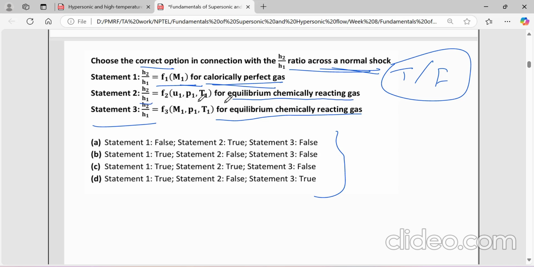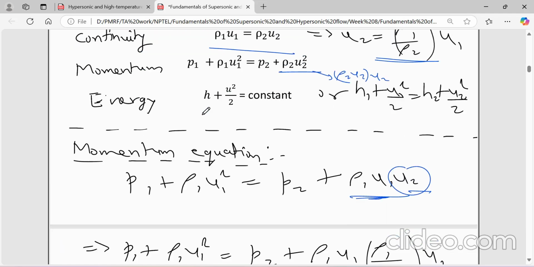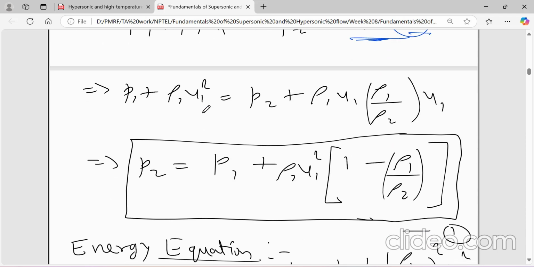Statement 2, for equilibrium chemically reacting gas, it is a function of u1, p1 and T1. And statement 3, for equilibrium chemically reacting gas, it is a function of M1, p1 and T1. I was telling about the governing equations for normal shock, and we got p2 equal to p1 plus ρ1 u1 square into 1 minus ρ1 upon ρ2.